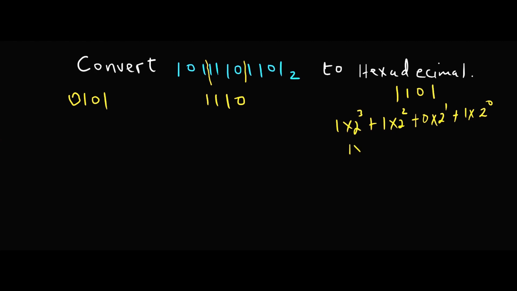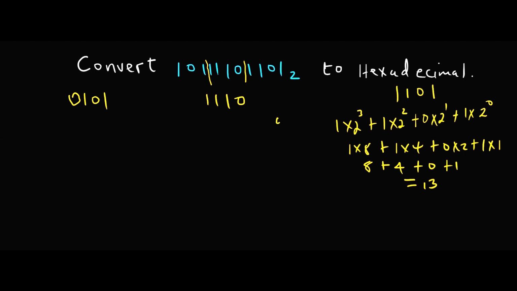So that is 1 times 8 plus 1 times 4 plus 0 times 2 plus 1 times 1. That is 8 plus 4 plus 0 plus 1, which is just equal to 13.